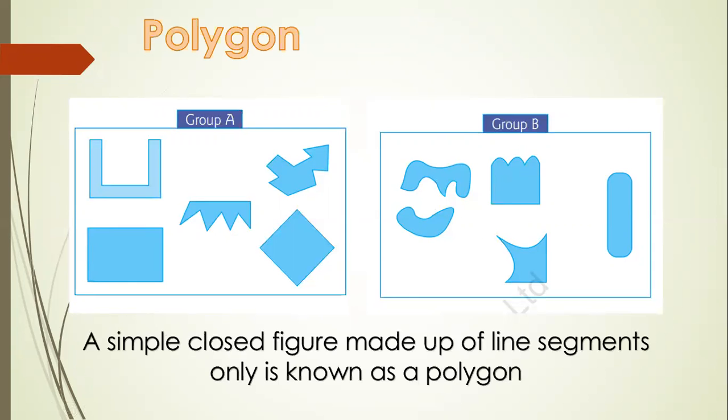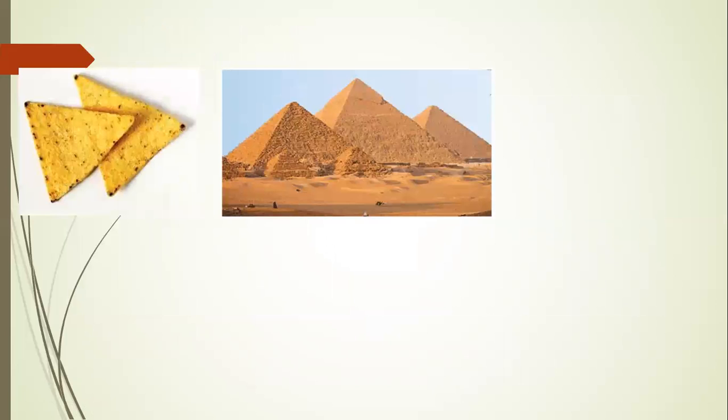So the closed figure which is made up of line segments is known as a polygon. So all the figures in Group A are polygons, whereas Group B is not a polygon. Now, what figure can you see in these pictures?